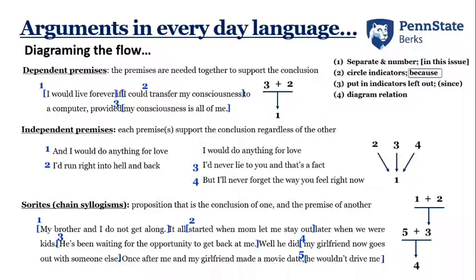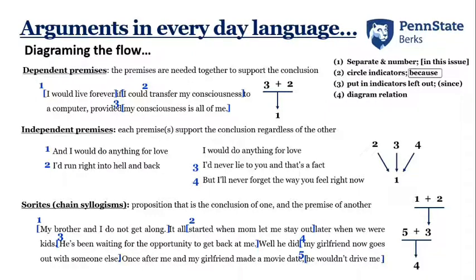But he says why his girlfriend goes out with somebody else has a lot to do with the fact that his brother was waiting to get back at him. But why was his brother waiting to get back at him? Well, first of all, we know him and his brother don't get along, all right? And we also know that it all started when his mom let him stay out later.